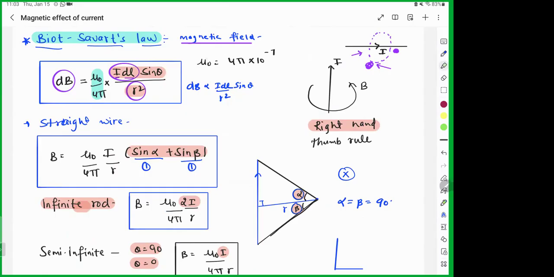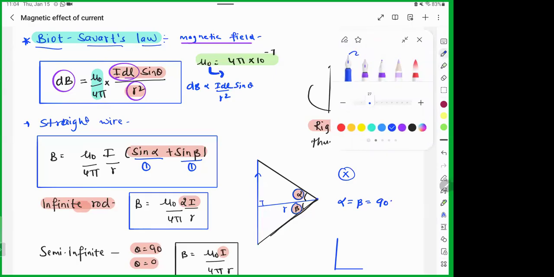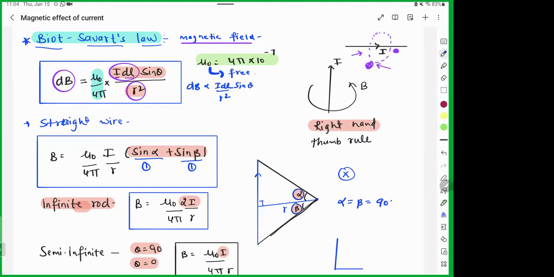So mu naught is for free space or vacuum. And this is the standard value in case of free space or vacuum. And this value will change if you take a particular medium.